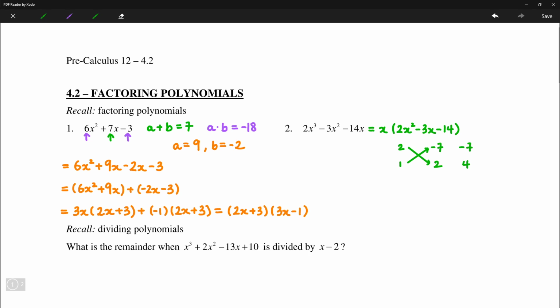And the sum of those two numbers is -3, which matches the middle term. Okay, so what that tells us is that the two factors that factor the trinomial are 2x minus 7 going across the top row there, and then x plus 2 going across the second row.